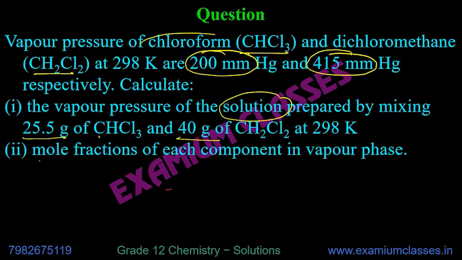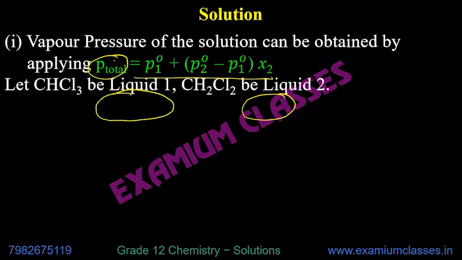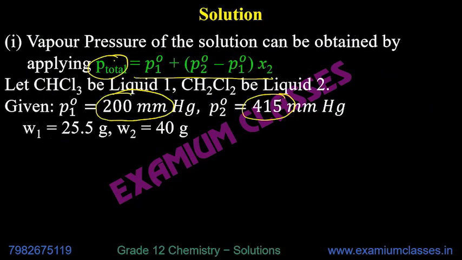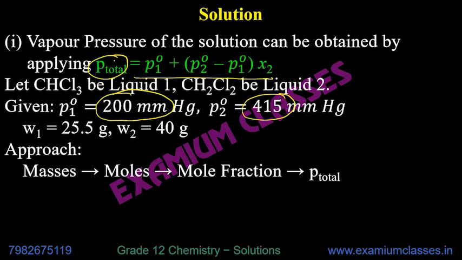We have to obtain this solution. So for that, we will calculate the number of moles. The approach will be, we need to have P total. For P total, we will need mole fraction of the second component. And to get mole fraction, we need moles of both components, and moles we will get from masses. So this will be the approach.